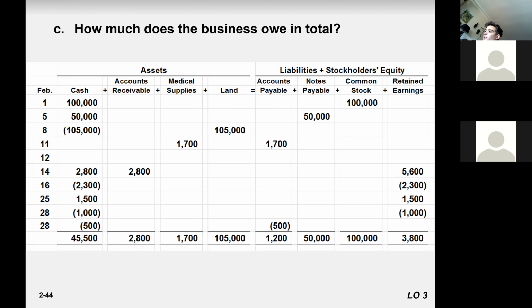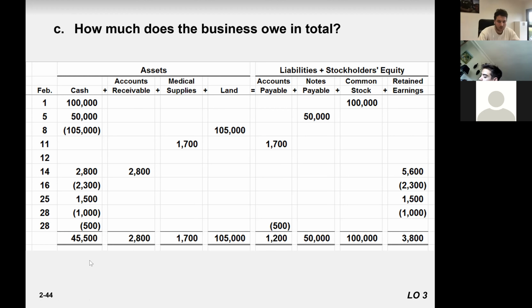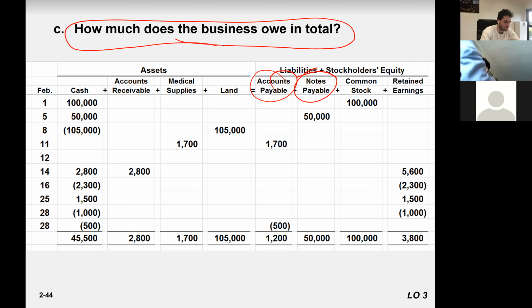How much does the business owe in total, which means how much is the outsider claim? How much is that?